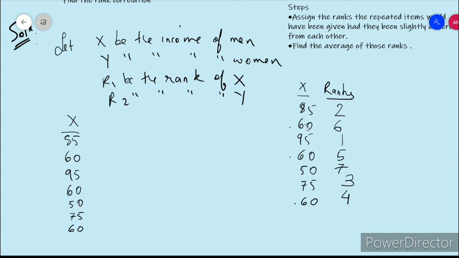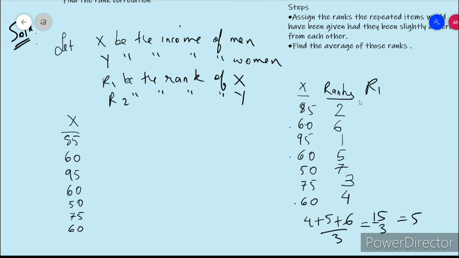So what we notice here is that 60 gets repeated thrice and has 3 ranks. So what we do is we find the average of those ranks and assign it to 60. So the 3 ranks of rank 4th, 5th and 6th, there are 3 items, or 3 times 60 gets repeated. So 15 divided by 3, which is equal to 5.